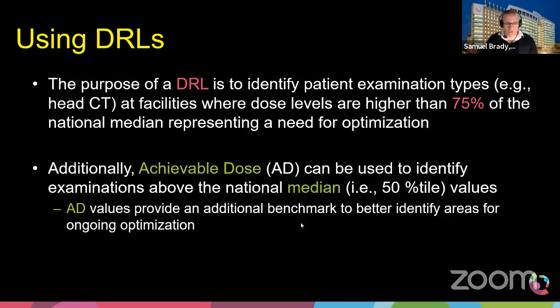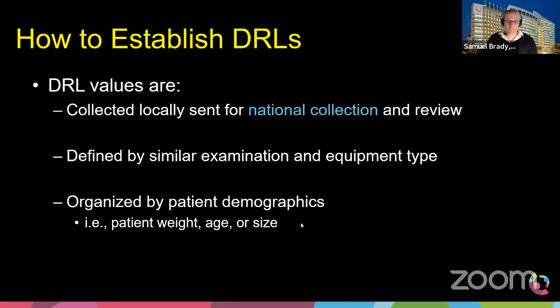The achievable dose is defined at the median, or the 50th percentile, of all national doses. So we can use the DRL, the 75th percentile, and the achievable dose, the 50th percentile, as a way to benchmark how we perform at our institution compared to a national standard.